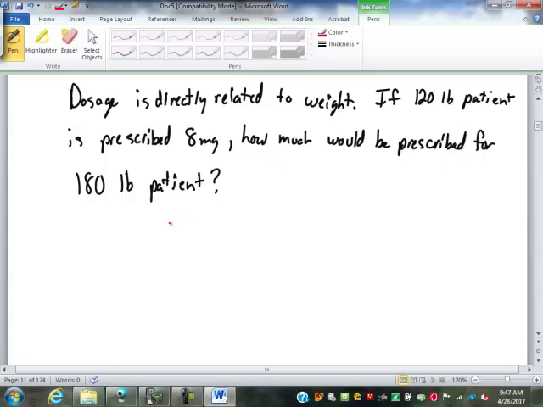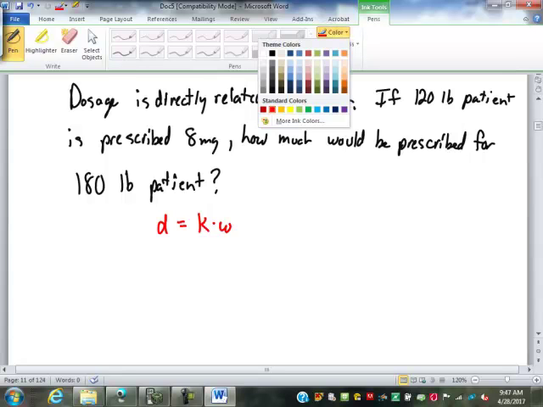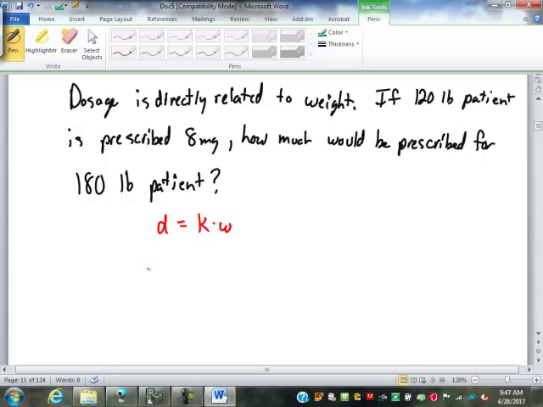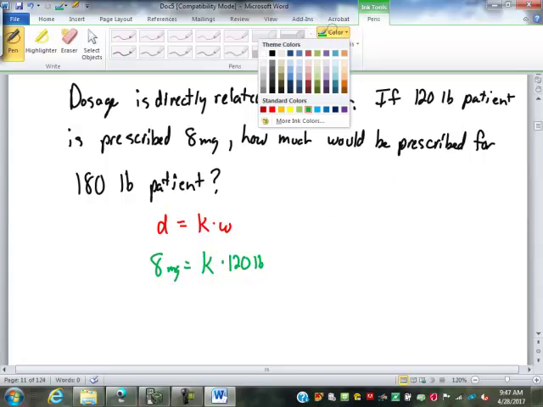So we're looking at this. The dosage is equal to a constant times the weight. The dosage is directly related or varies directly with the weight. 8 milligrams was the dosage for a patient who weighed 120 pounds.